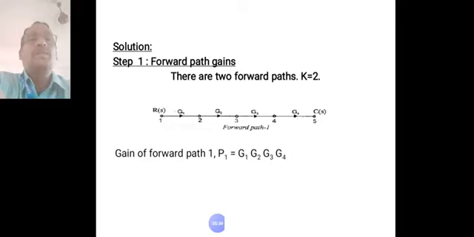The gain of the first forward path we represent as P1. Here the gain is the product of all the gains G1, G2, G3, G4. This is the gain of the first forward path.